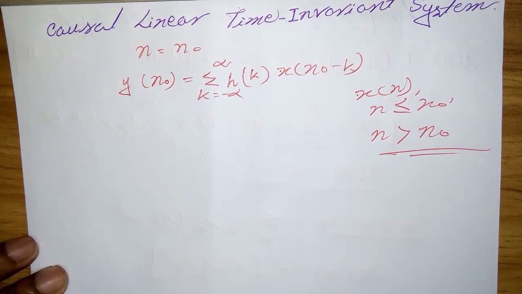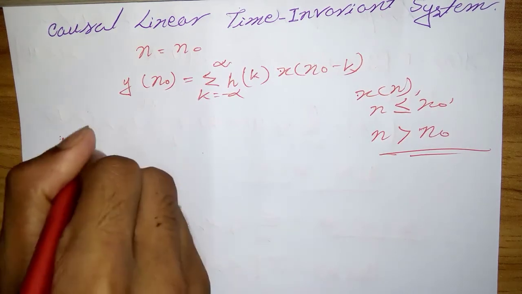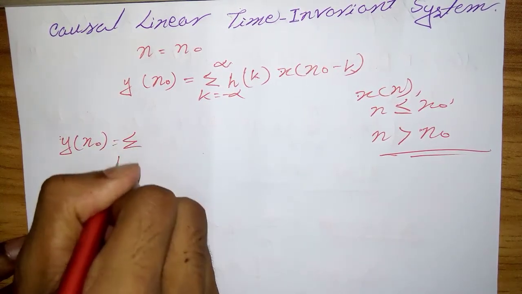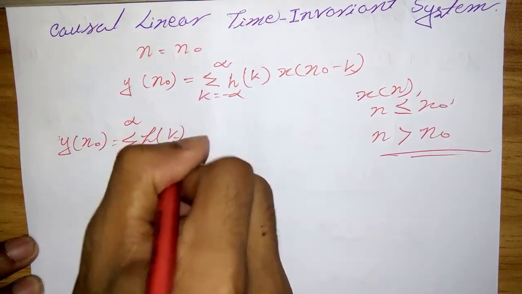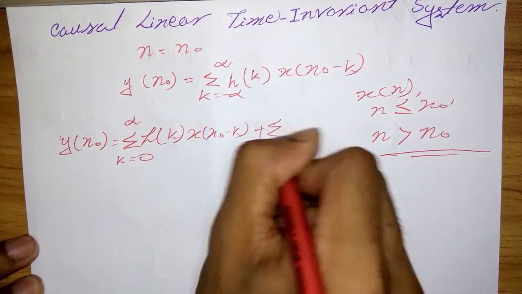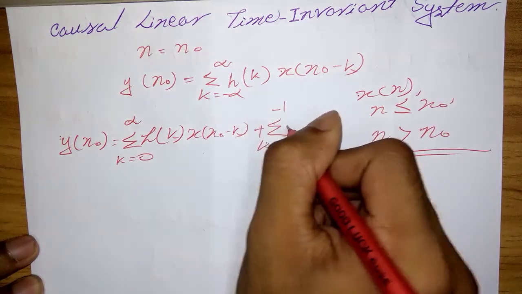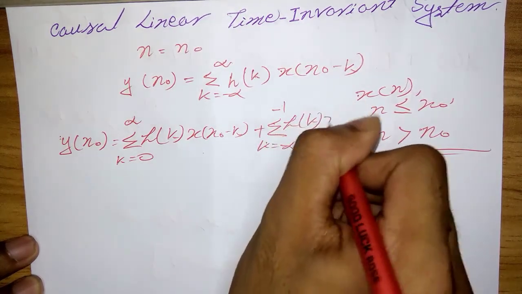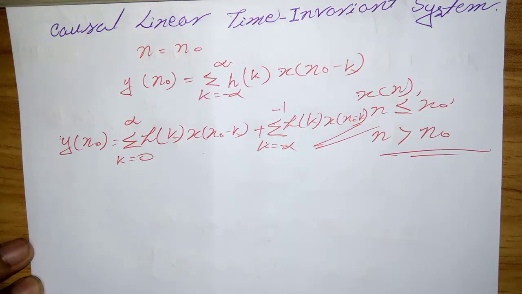So the equation is y of n naught equals the sum over k equals 0 to infinity of h of k x of n naught minus k, plus the sum over k equals minus infinity to minus 1 of h of k x of n naught minus k. Clear? That's the equation.